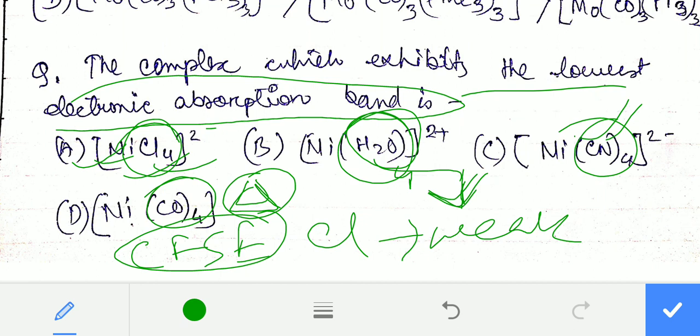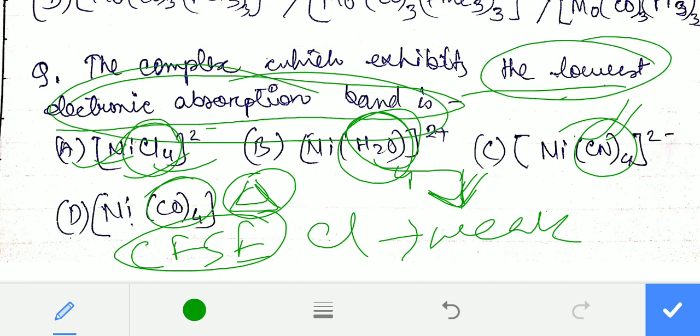The nickel atom will have very little splitting, so it will absorb at the lowest electronic absorption band, because of the very narrow splitting due to the weak field ligand chlorine. So for this question, option A is the right option.